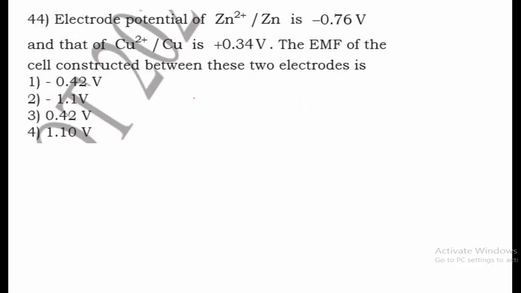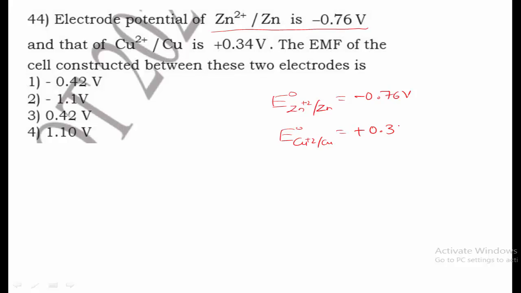44th, electrode potential of Zn plus 2 bar Zn is minus 0.76 volt, and that for Cu plus 2 bar Cu is plus 0.34 volt.